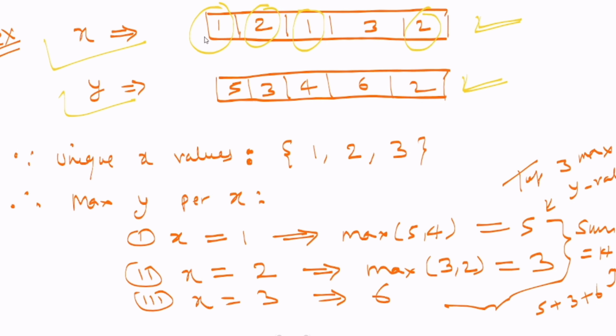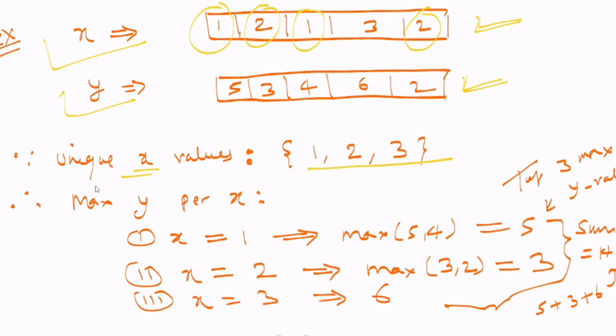So if we want to find the max y per x, these are the x elements 1, 2, 3.